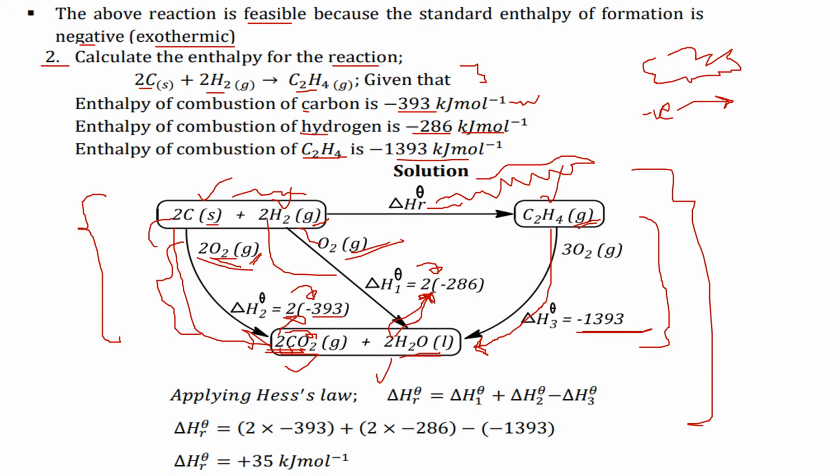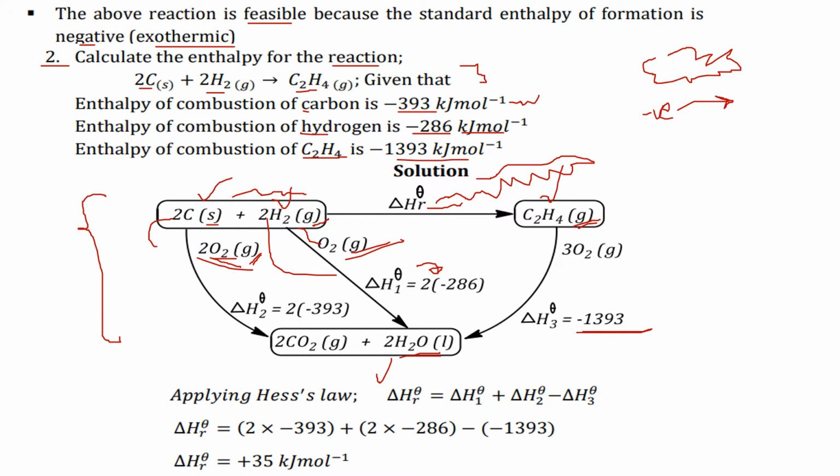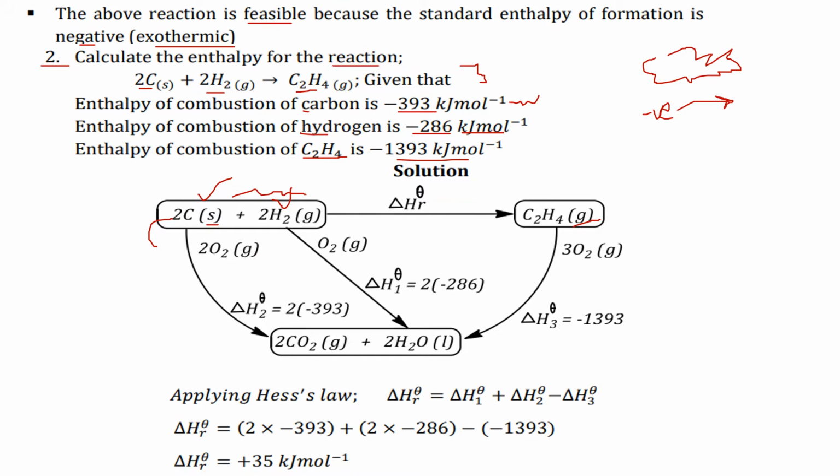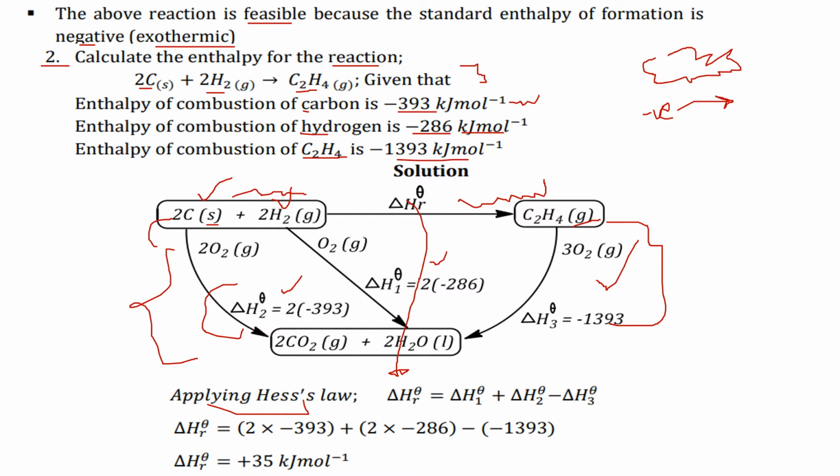So, clearing up our charts, we are going to say that the enthalpy of reaction, applying Hess's law, denoted by delta H R, is going to be equal to these energy changes that are involved: enthalpies of combustion for carbon, enthalpies of combustion for hydrogen, and enthalpies of combustion for ethene. Hess's law says that the overall enthalpy of a reaction is equal to the summation of all these individual steps involved in such a chemical reaction.